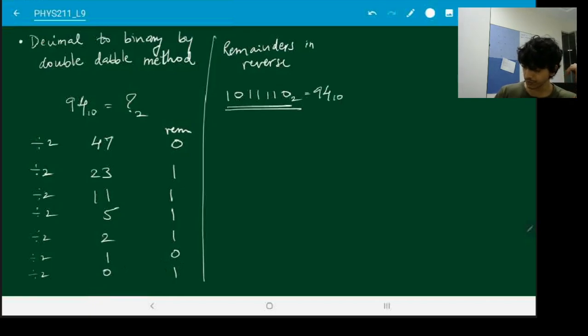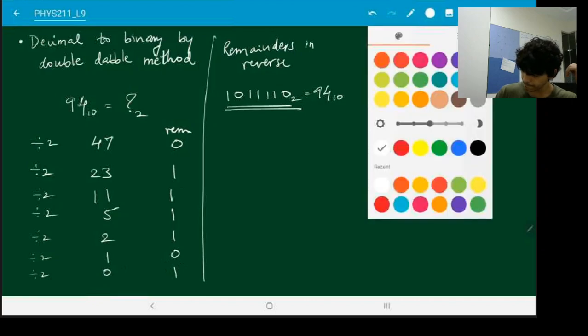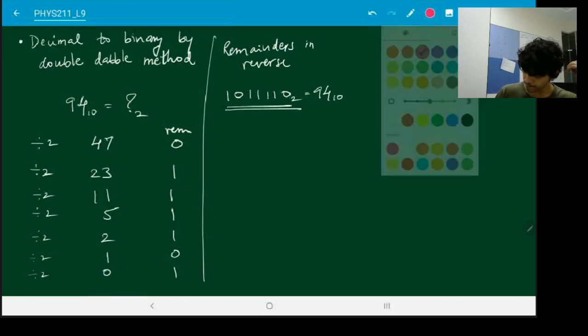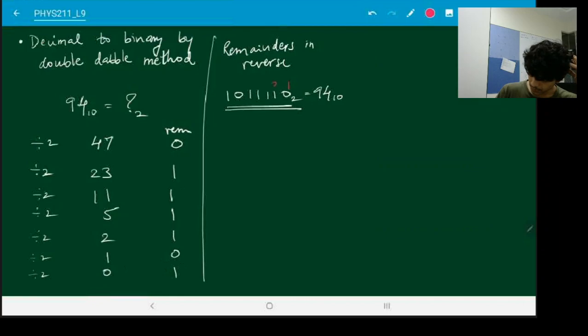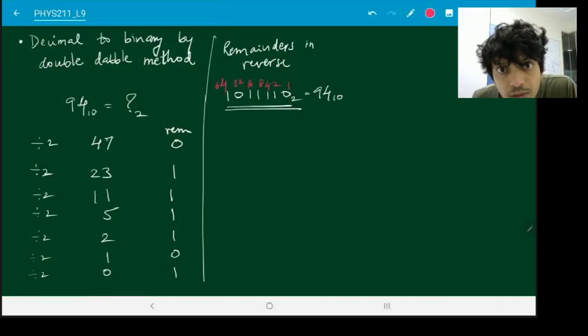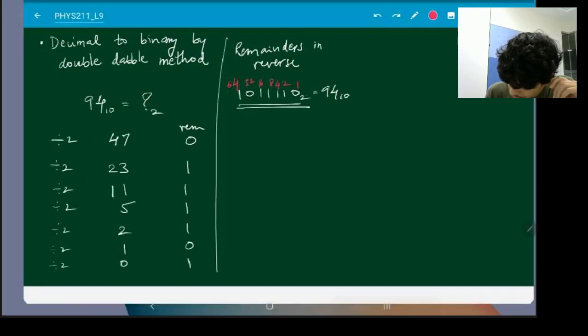Let's verify if this is true. 1, 2, 4, 8, 16, 32, 64.